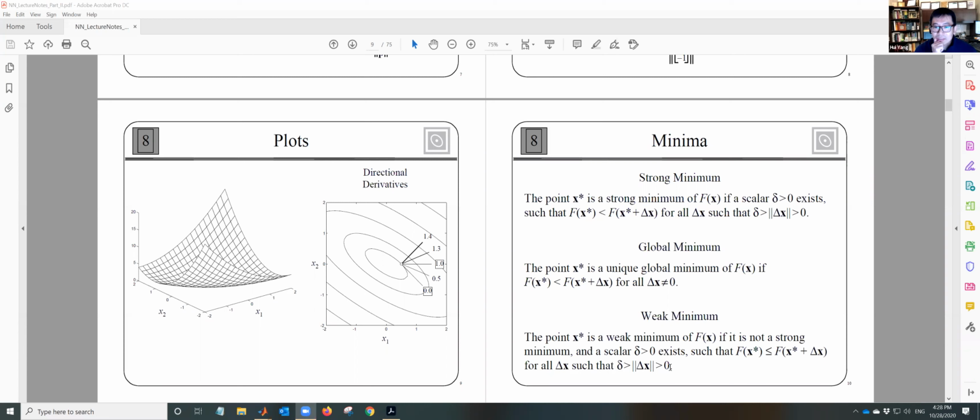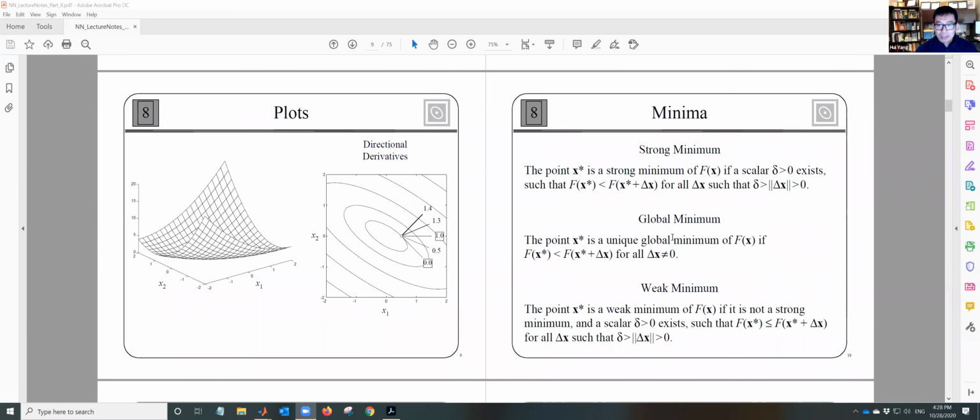Now, what is the difference between these three definitions? First, what is the difference between this one and this one, the strong minimum and the global minimum? From just the definition, what is the difference? Rinsan, what is the difference?